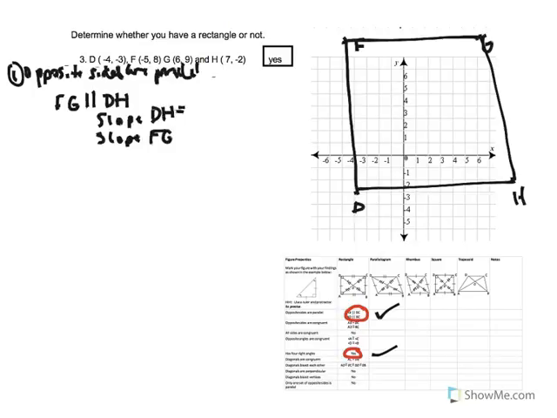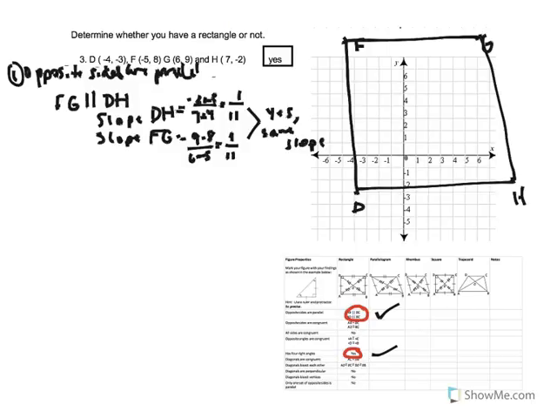The slope of DH, we do -2 plus 3 over 7 plus 4 equals 1 over 11. To find the slope of FG, we have 9 minus 8 over 6 plus 5 gives us 1 over 11. And great! These lines are parallel because they have the same slope. So let's prove whether DF and HG are parallel.